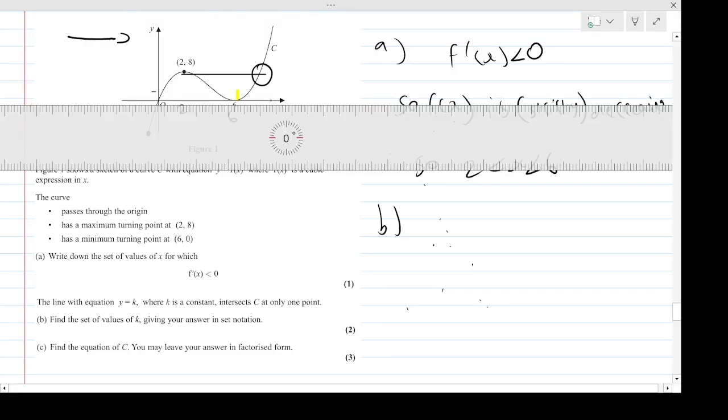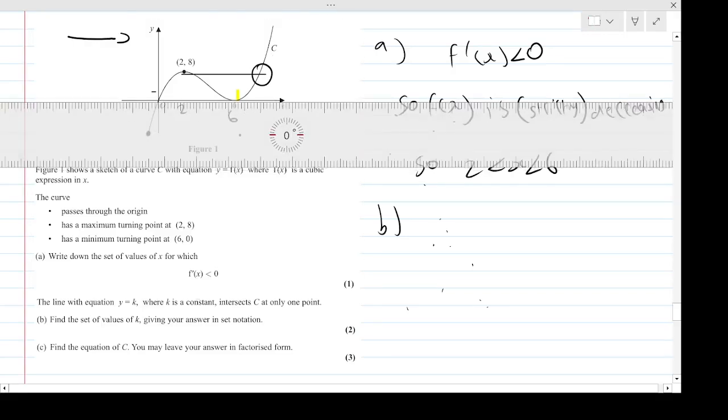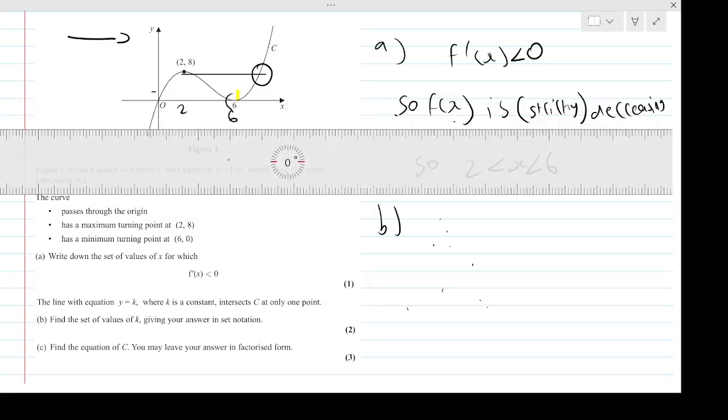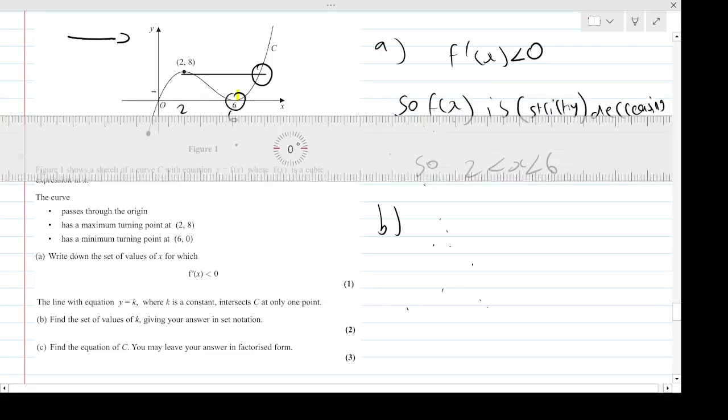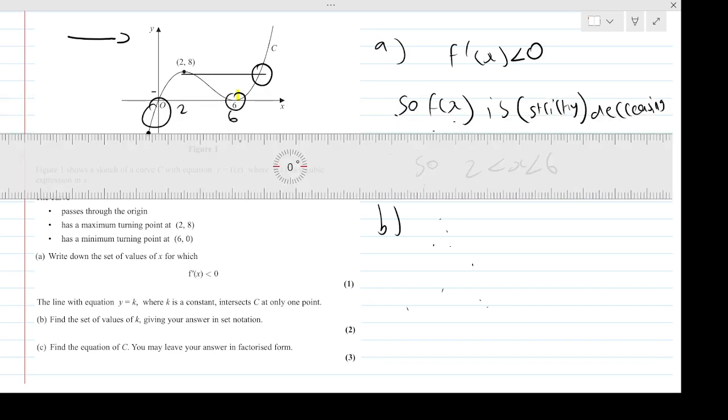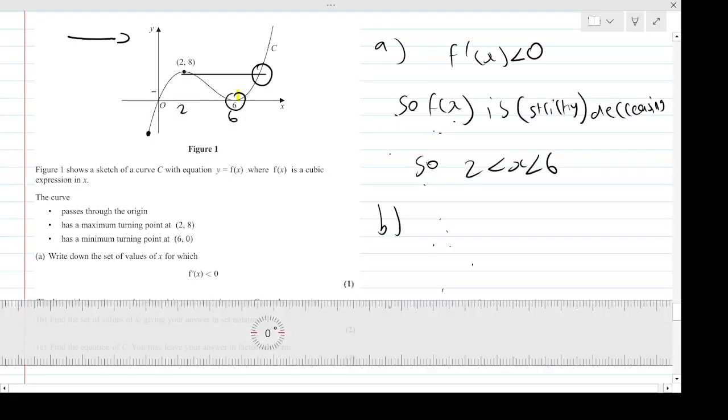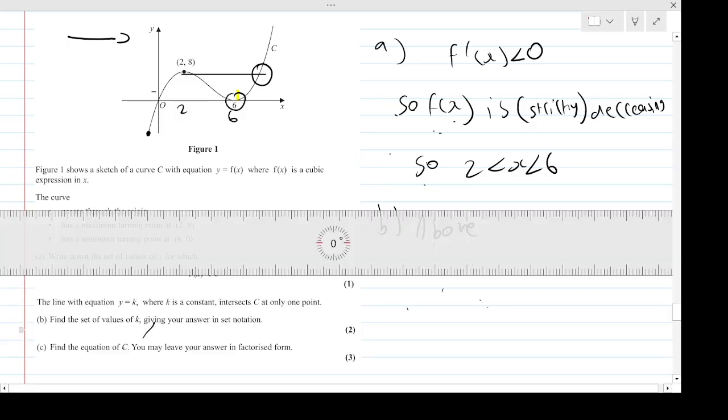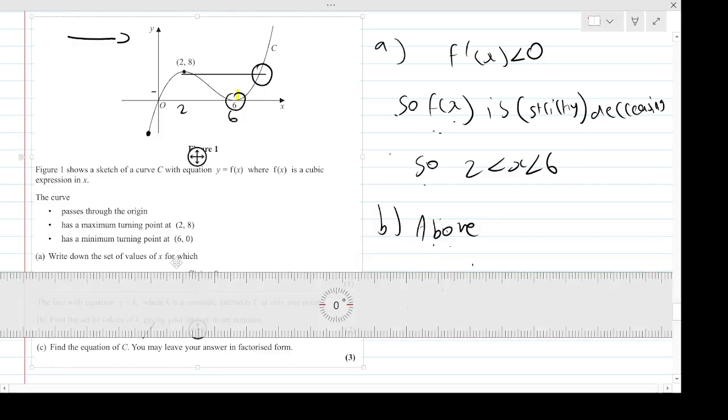So I want values bigger than this, and also below 6, okay? Because if it's below 6, if I keep going down, then there's only one intersection point over there. So I want my y values to be above this point here. That's going to be the y value 8, right? So that would be 8 there.